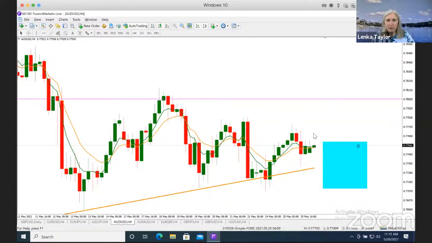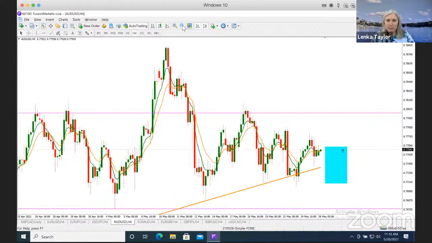And on the 4-hourly, in terms of the price action and the setup, the closer to the bottom of the channel would be better, so that we have enough room before that first resistance to enter for a long. That would be my plan.